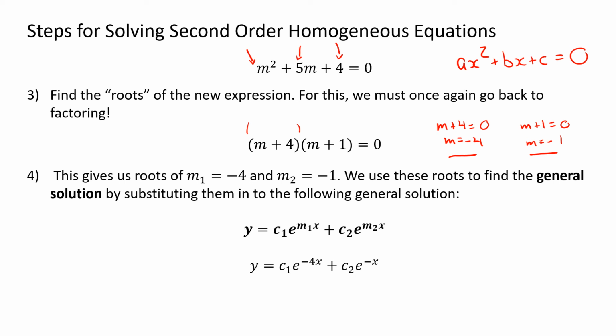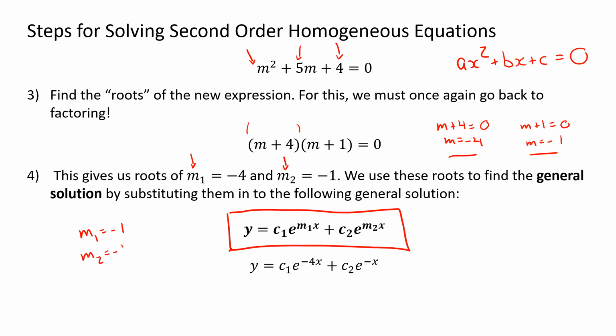And the general format of the solution is that y is equal to some constant, c1, times e to the exponent of the first root times x, plus a second constant, c2, times e to the exponent of the second root, m2, times x. And it doesn't matter what order these are in. It doesn't matter if you flipped them and m1 was negative 1 and m2 was negative 4.